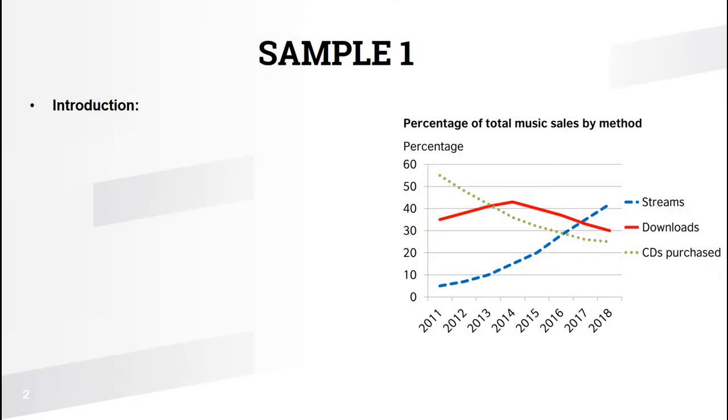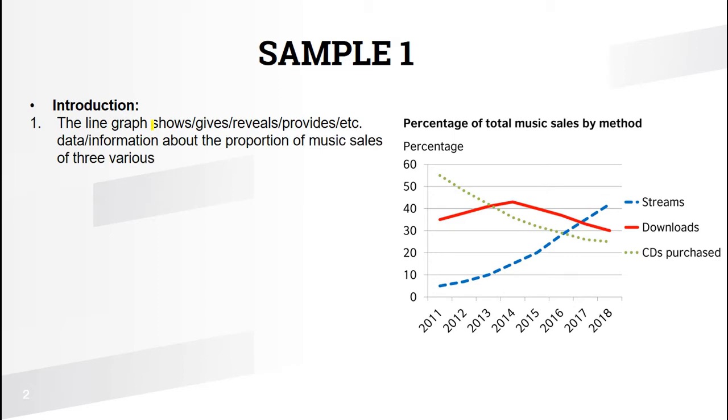Let's start with our sample 1 introduction, and I have 3 structures for writing an introduction. We will analyze them and learn how to do it. First structure: we can say line graph and any reporting verb such as shows, gives, reveals, provides, etc., data or information about the proportion of music sales of 3 various sources in a period of 7 years starting from 2011.